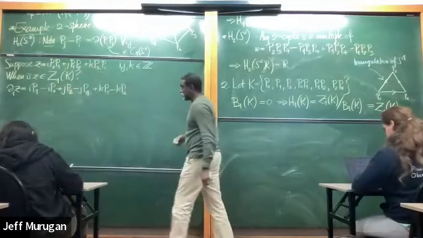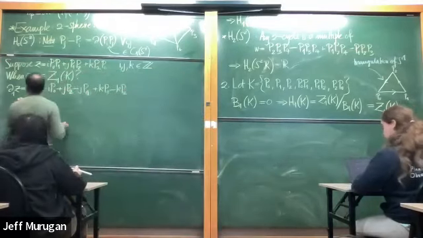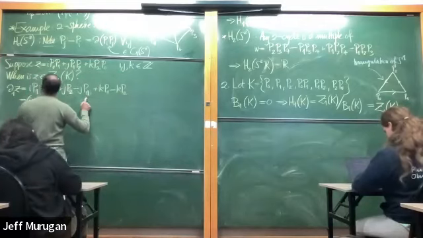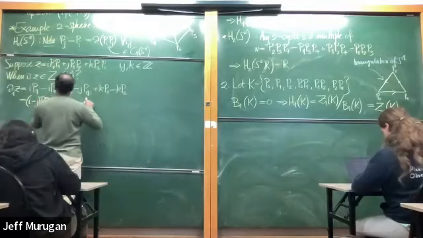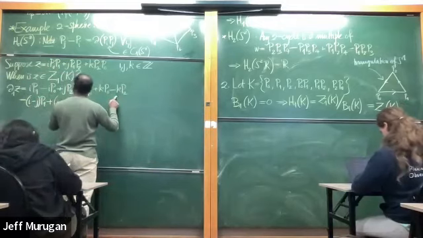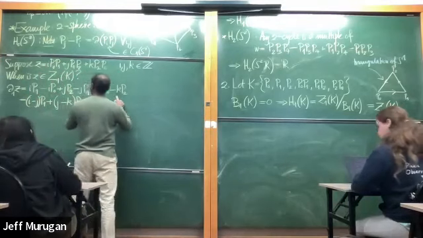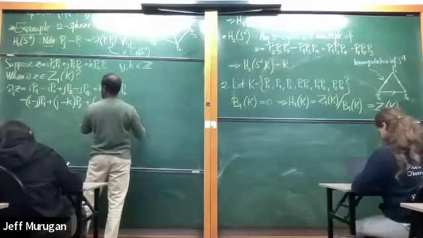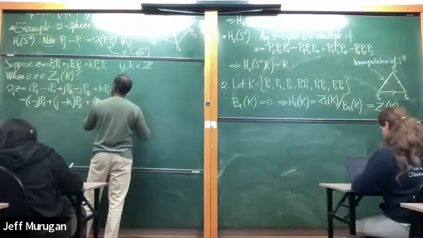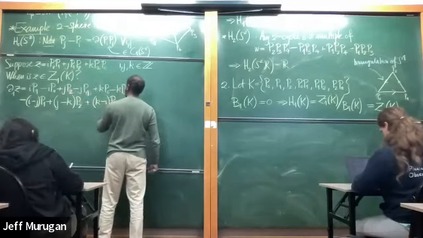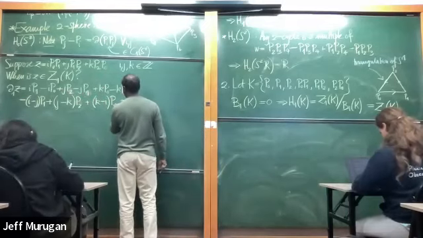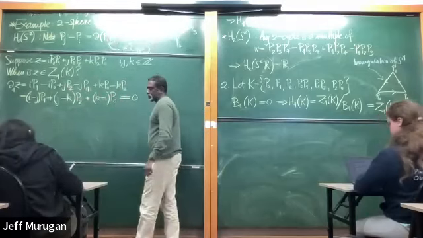Good. So this is (i minus j) P1 plus (j minus k) P2 plus (k minus i) P0, and I want this to vanish.